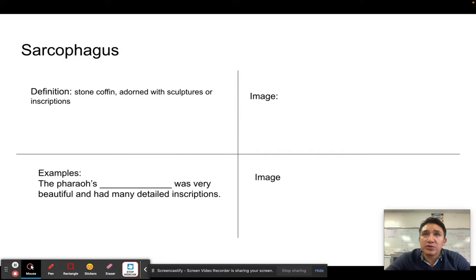Most of the time they were super heavy. Some of them, as you'll see when you look these up, were very heavily detailed. They had gold on them, jewels, and so forth. All right, our example sentence here: the pharaoh's blank was very beautiful and had many inscriptions.